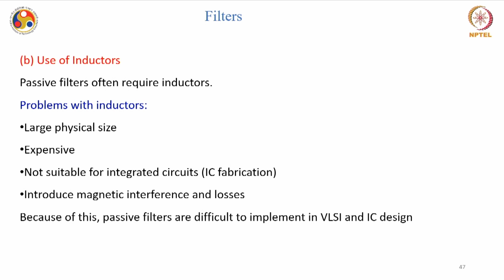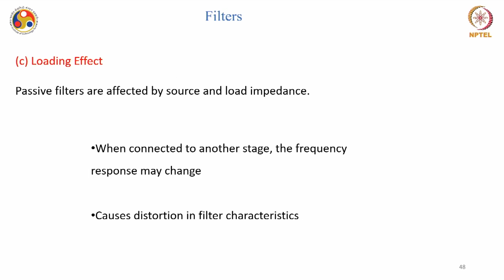They also have a good amount of loading effect, because when you connect it to another stage, the frequency response may change and may cause distortion in filter characteristic. These passive filters are affected by source and load impedance, and when they are connected to another stage, the frequency response may change. This causes distortion in filter characteristic.